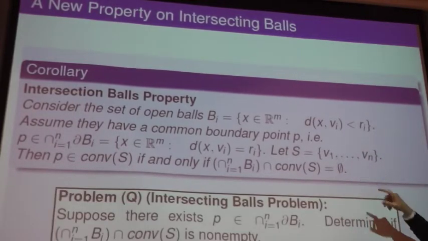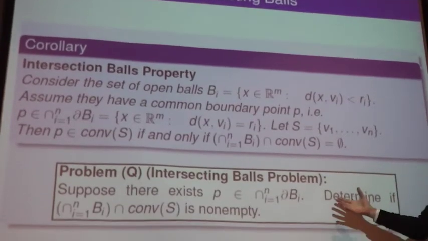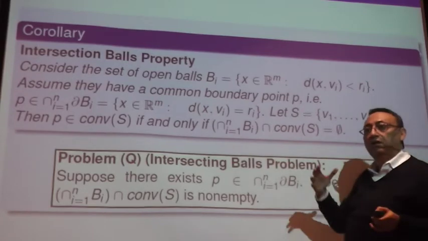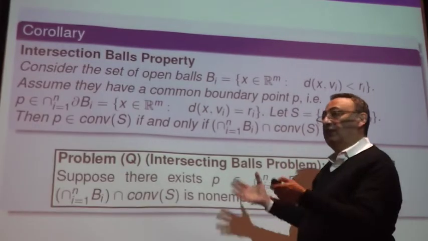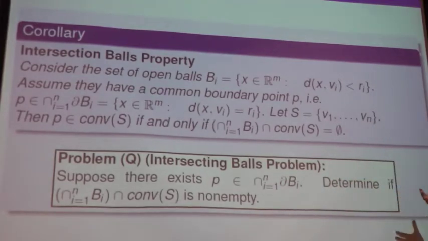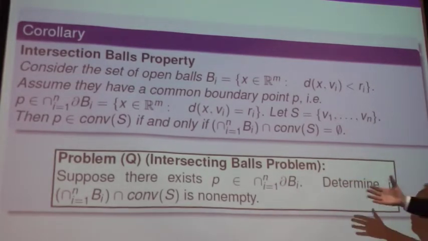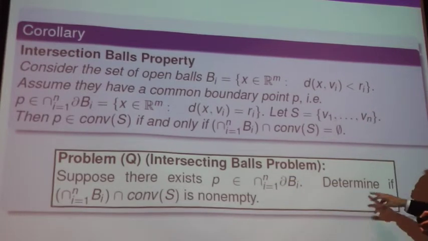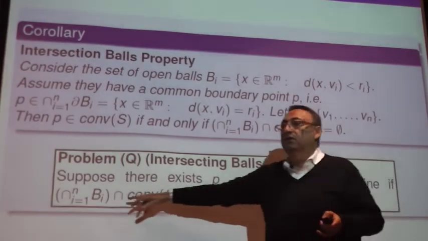This gives rise to another problem, a sort of geometric dual to the convex hull problem, where everything is defined in terms of balls rather than the convex hull. So suppose that there exists a P in the common boundary of a set of balls. Determine if this intersection is empty.